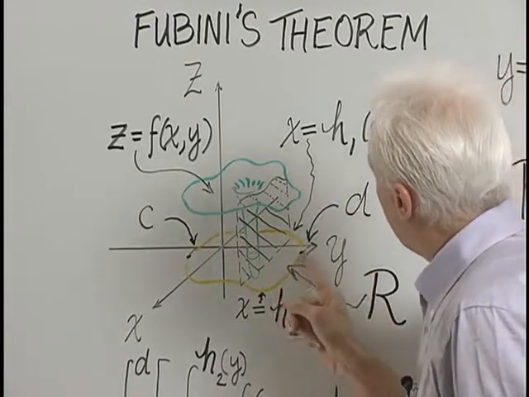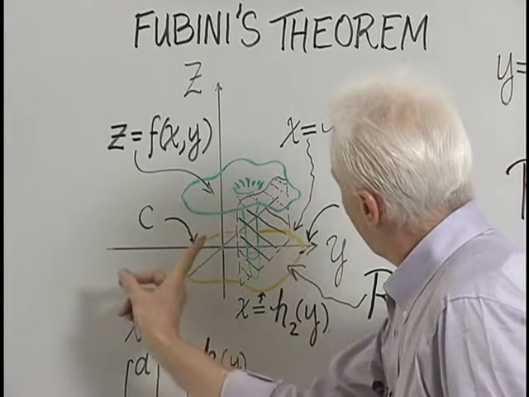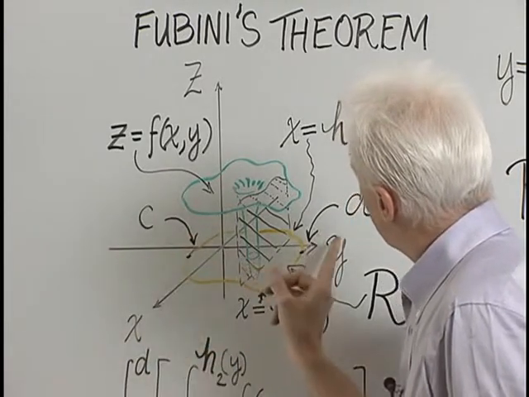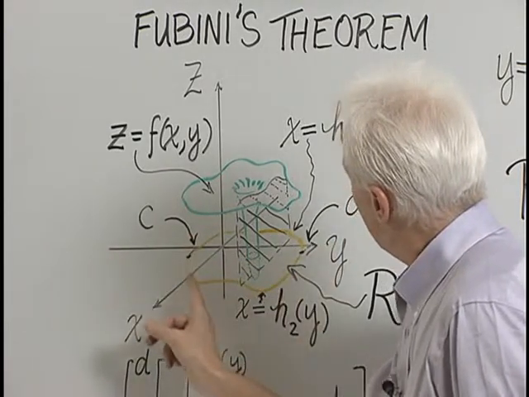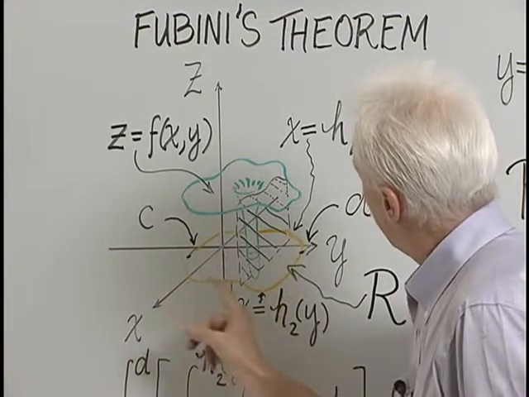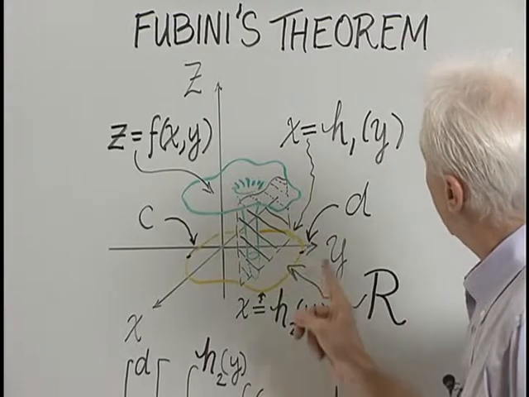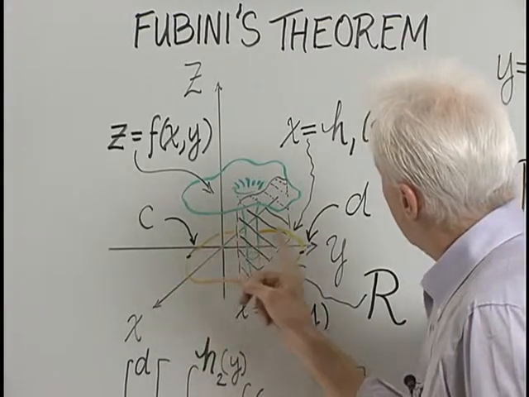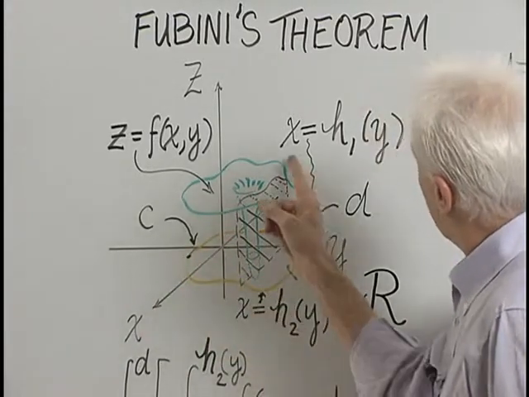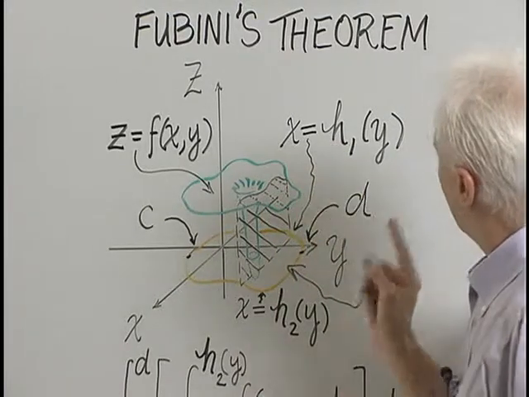That is, as y varies from the leftmost point of the region to the rightmost point of the region, we have the upper values of x being a function x equal h2 of y, and likewise along these lower values of x, x is another function h1 of y.